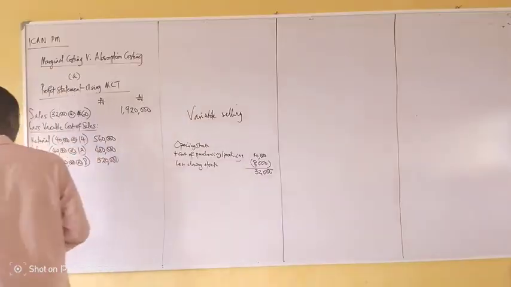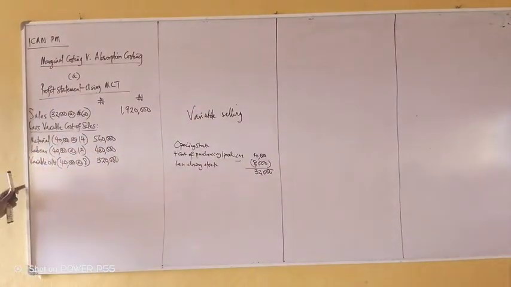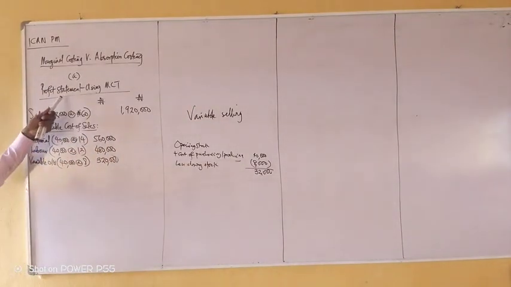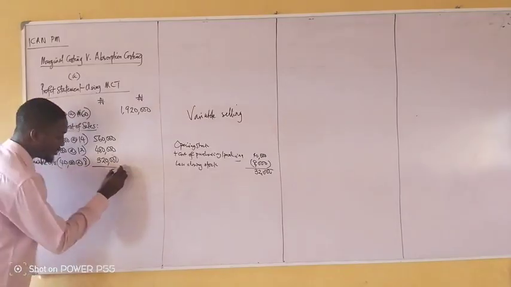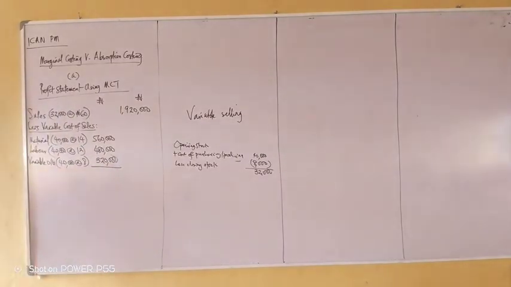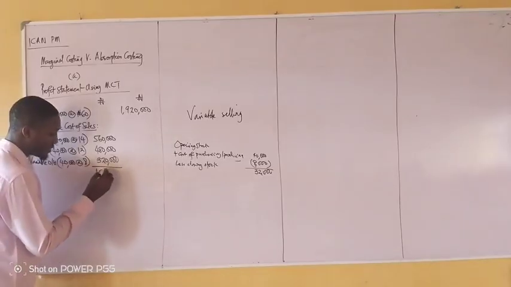So this is what we are going to do. We are going to sum it up. We cannot add the fixed overhead, even if it's a production cost, because we are using MCT, so we will not add the fixed production cost. We just get the total of this: 1,360,000.